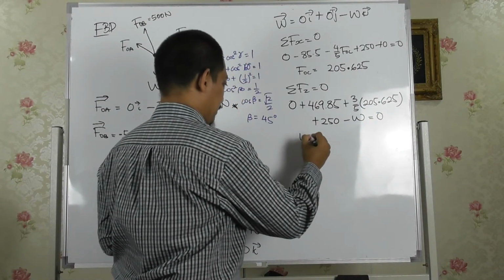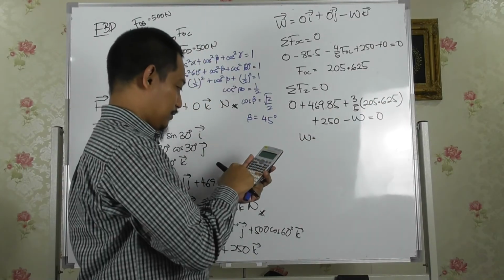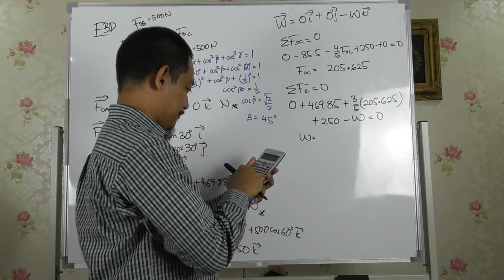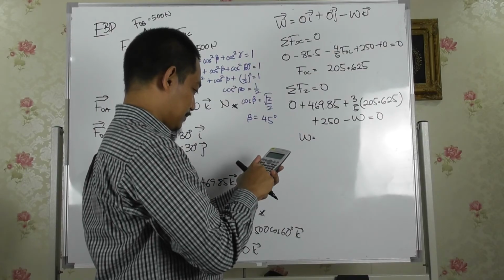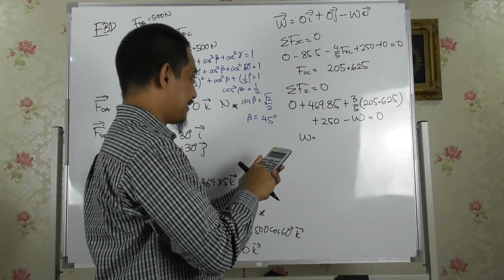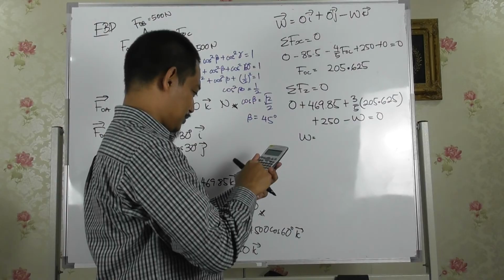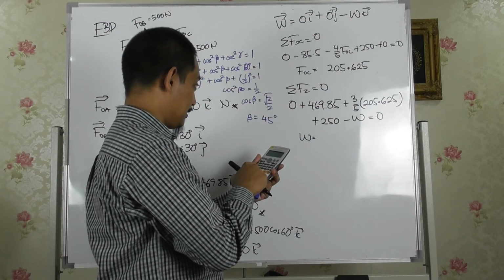So W should be able to be calculated by just computing this, right? 469.85 plus, sorry, 3 times 5. Okay, I'm too sleepy to even calculate this correctly.